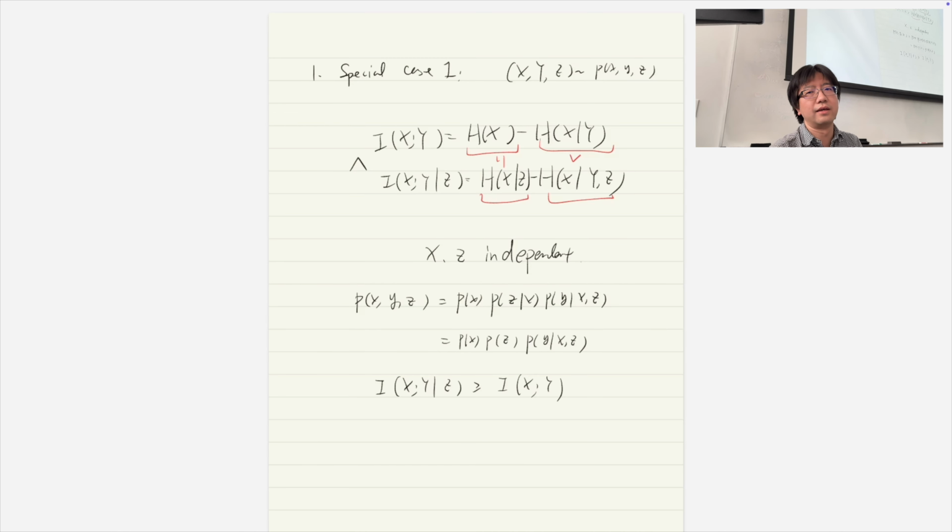For example, let's say X plus Y equals Z, where X and Y are 0 or 1, and this plus means XOR. You'll see that X and Z are independent, but given Y, X and Z are not independent. Does that make sense? Think about that. This is kind of tricky, but I think this will help you understand it well.